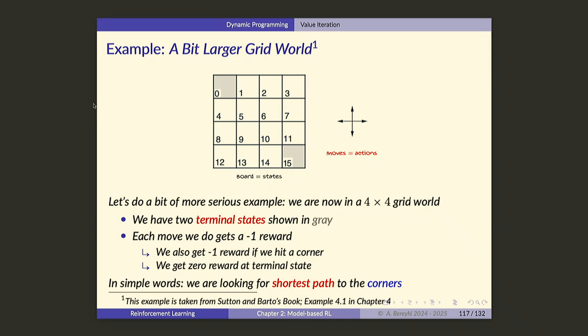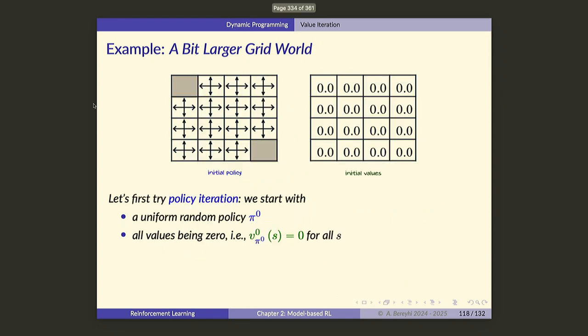Everybody's cool? Now, first, let's consider policy iteration. How are we going to do policy iteration? We're going to start with a totally random policy, meaning that at every single cell, with the same probability, I move in one of the directions.